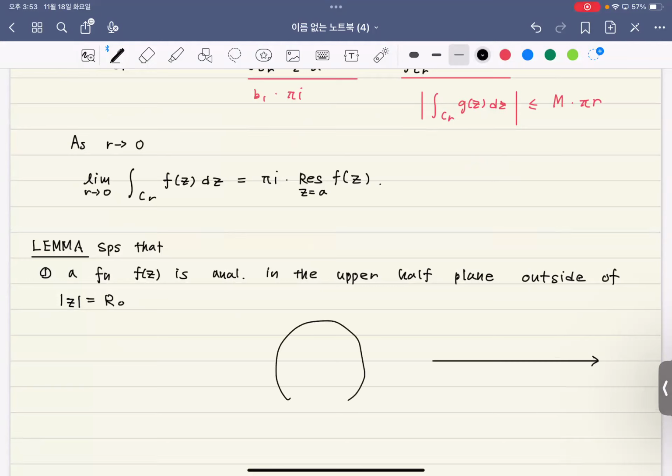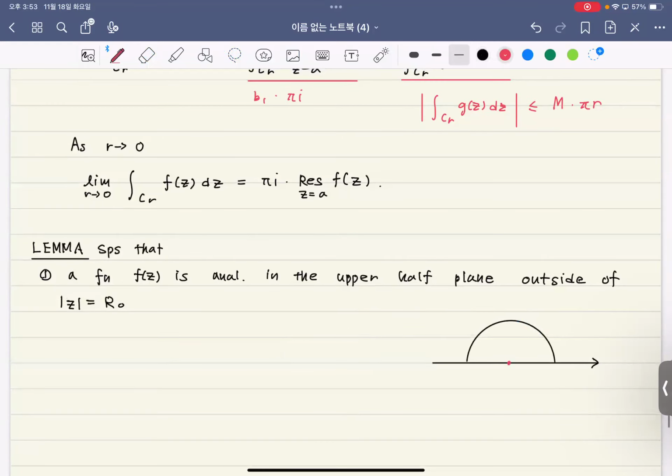I have a circle, and this is the origin. We require that my function is analytic on this region.